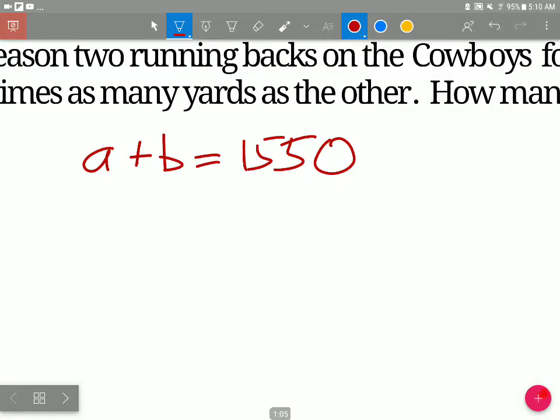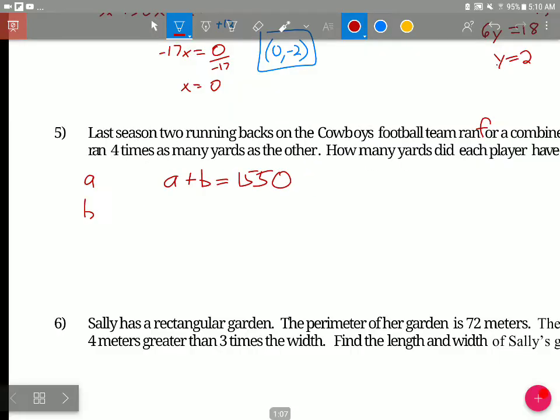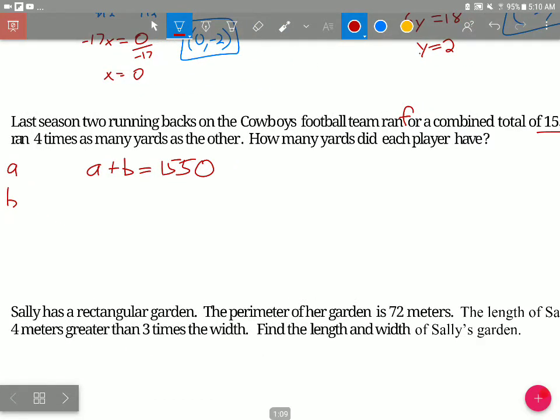Okay. Then they said one ran four times as many as the other. So we'll make the A the one with more, and the B the one with less. This is a comparison because I'm comparing A to B. So I need to do A equals B, and one is four times as much as the other.